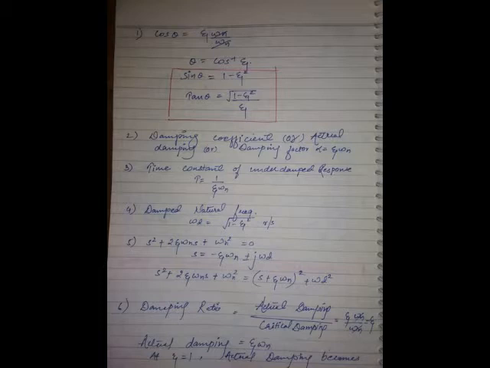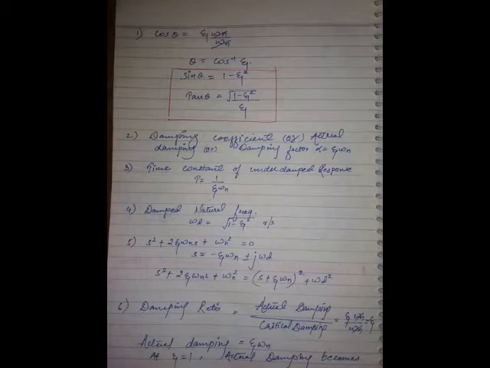The justification is, since zeta equal to 1 is practically not possible, you must choose values of zeta in such a way that these oscillations are very minimum, or the response is not very slow.